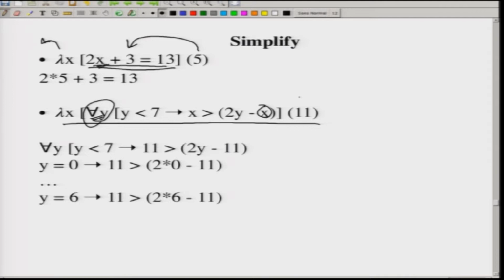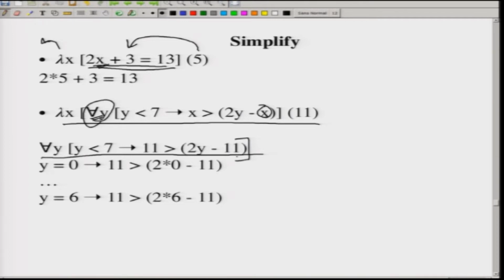Now, when 11 comes in, we can check what the statement is trying to say. It is saying that for all y, if y is less than 7, then x, which is 11, is greater than 2y minus 11. Is it a true sentence or not? It is true, because y less than 7 gives 6 cases.